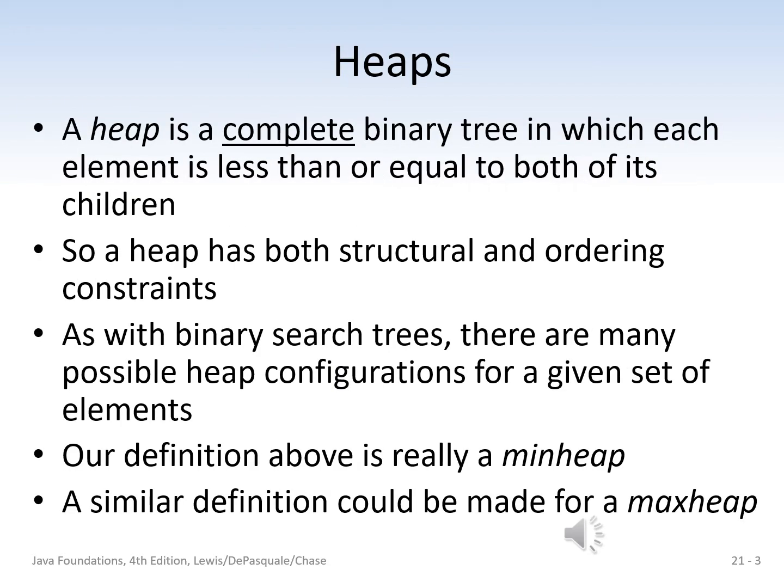A heap is a complete binary tree in which each element is less than or equal to, or greater than or equal to, both of its children. The first point on this slide actually defines a min heap, and there's also a max heap. So heaps have both structural and ordering constraints.